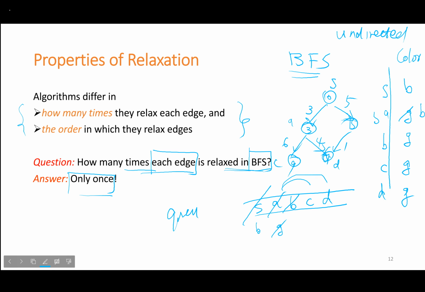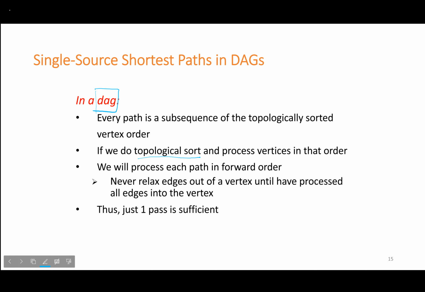In a DAG, keep in mind, DAG corresponds to directed acyclic graph, every path is a subsequence of the topologically sorted vertex order. If we do topological sort and process vertices in that order, we process each path in forward order. We never relax edges out of a vertex until we have processed all the edges into the vertex. Just one pass is sufficient for a DAG.